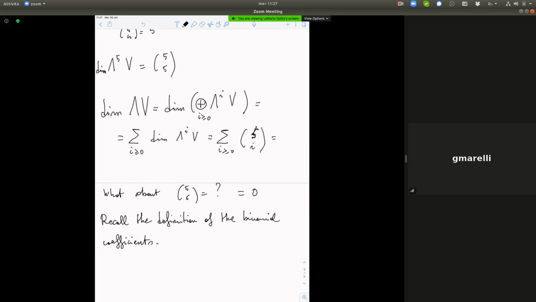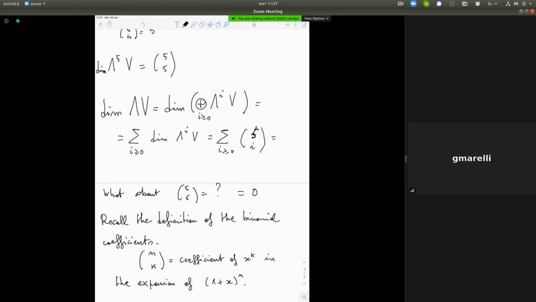The definition is that n over k is equal to the coefficient of x to the k in the expansion of 1 plus x to the power n.